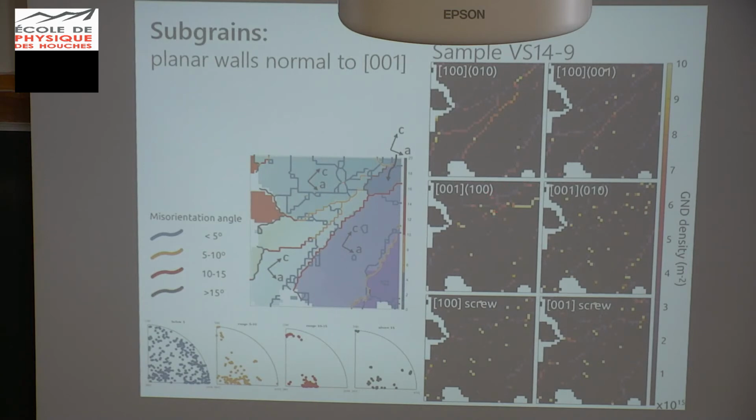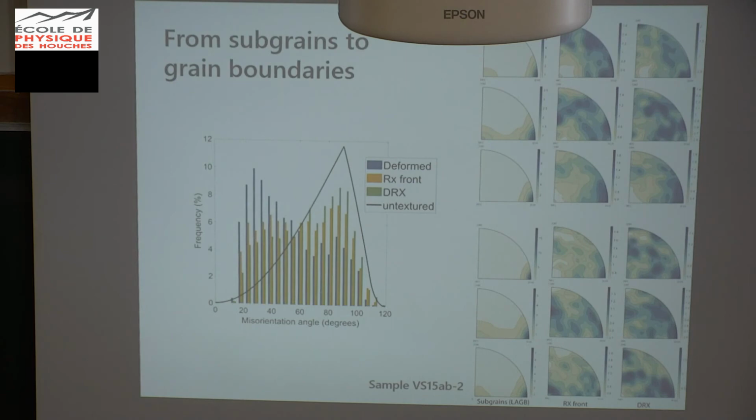That is the first time that we observed this one, and it's the less common one. But it is still there, and in this case, these dislocation types are the ones that produce misorientation axes close to A.